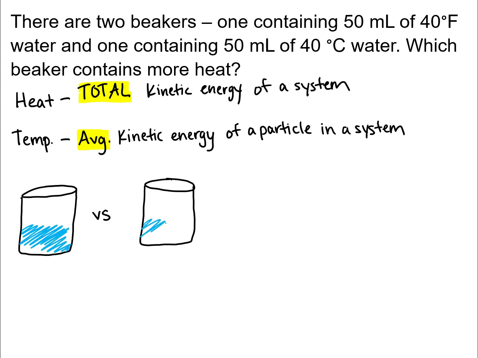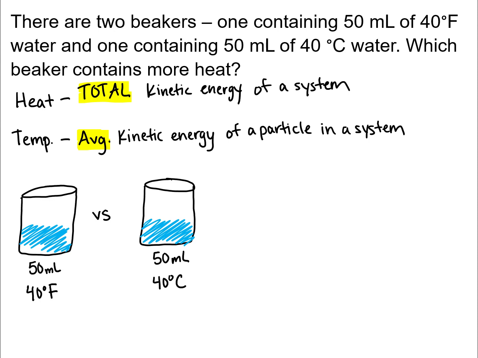Now just assume that these beakers are the same size because they were supposed to be. We've got 50 milliliters in each. 40 degrees Fahrenheit for one, 40 degrees Celsius for the other.